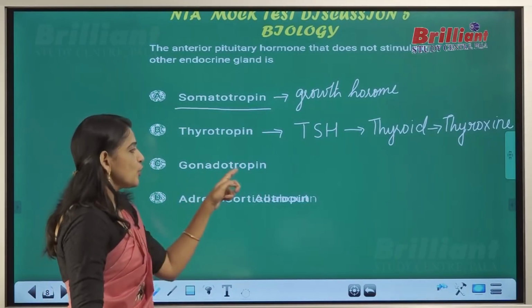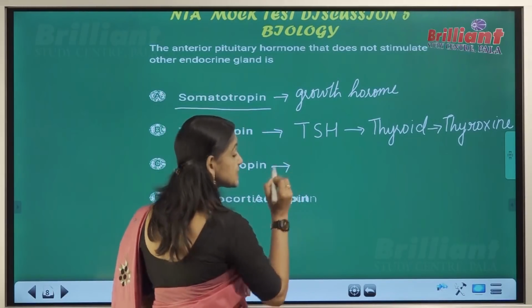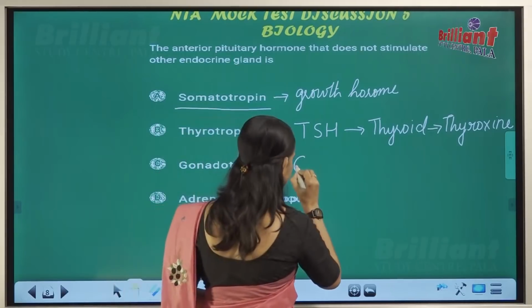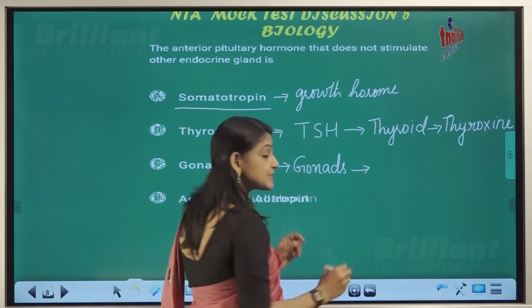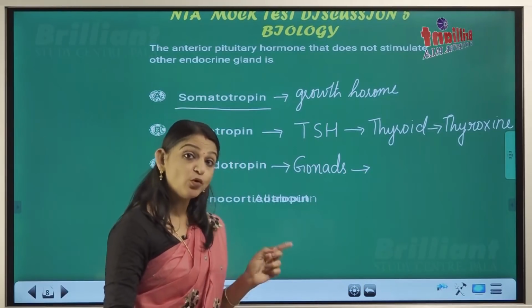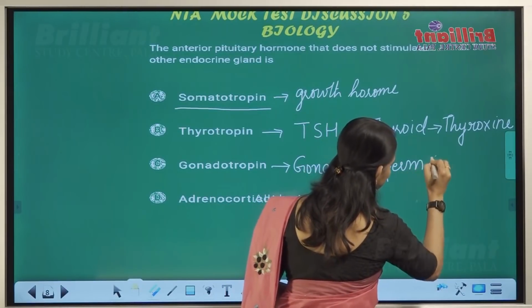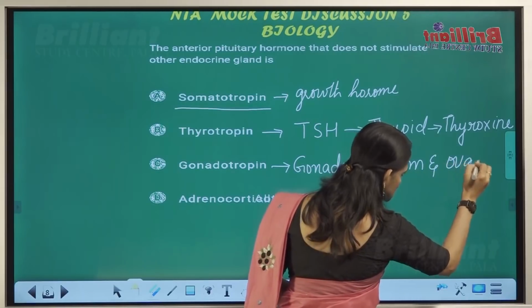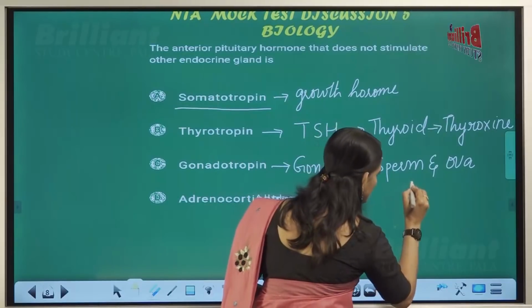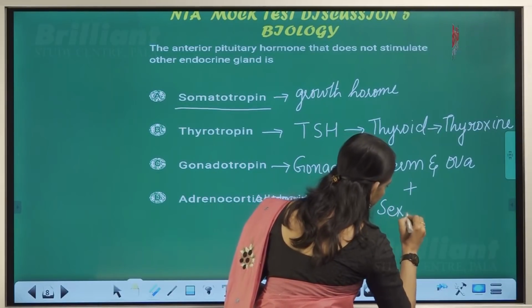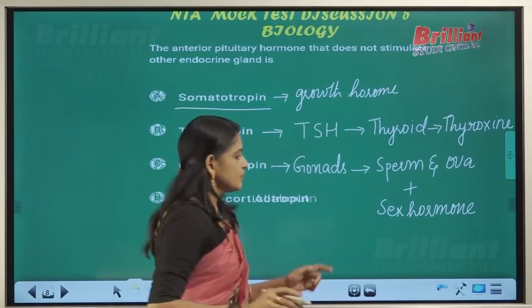Next one. Gonadotropin. You know that gonadotropin stimulates gonads. Gonadotropin stimulates gonads, that is testes and ovaries, for the production of sperm and ova. And also they are inducing the synthesis of sex hormones.